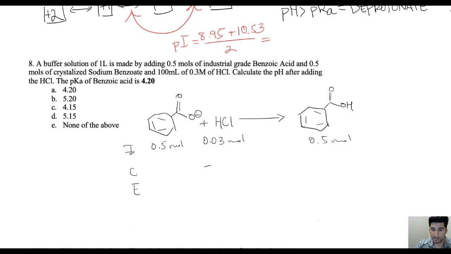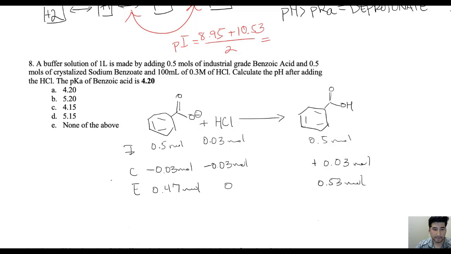So we're going to lose this much of it, and we're going to lose a quantity of this as well. And we're losing this because it's getting converted into this. So that means we're making 0.03 moles of this. So at equilibrium, we'll have 0.47 moles of that, 0 of that, and 0.53 moles of that.